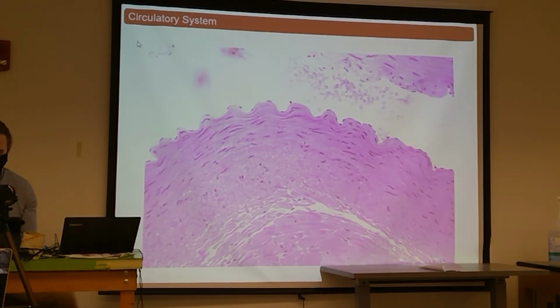Tunica intima, part of the reason why they call it intima is because it's intimate with the blood. That's a way you can remember that. Like I said, the tunica intima has loose connective tissue, and then it has that elastic membrane.